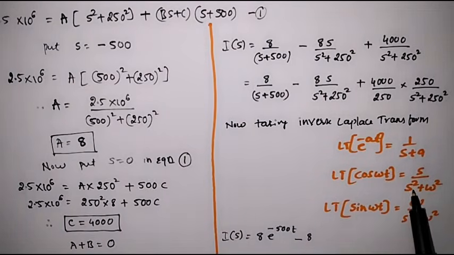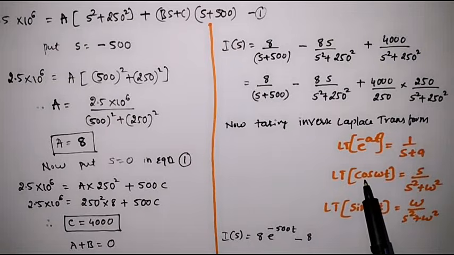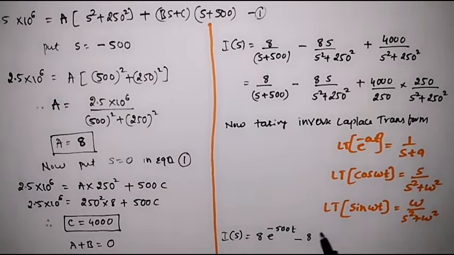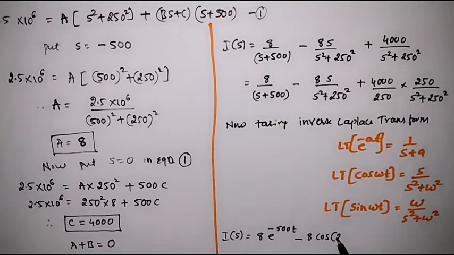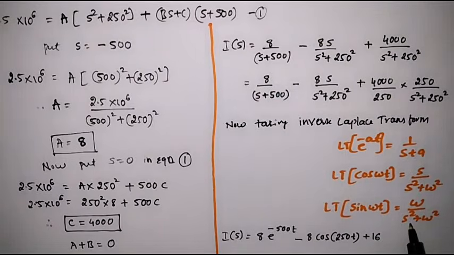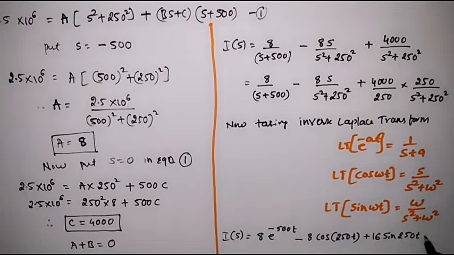It is of form s divided by s square plus omega square, that is cos omega t. Here omega value is 250. So I can write minus 8 cos of 250 t. Similarly, 4000 divided by 250 gives 16. 250 divided by s square plus 250 square. It is of form omega divided by s square plus omega square, where omega value is 250. So I can write it as 16 sin 250t.